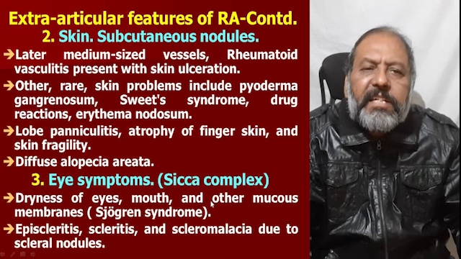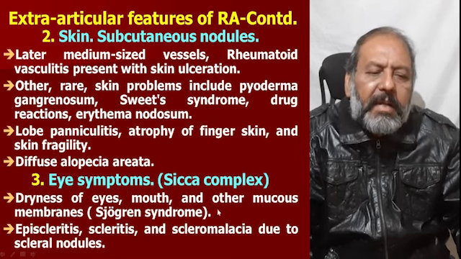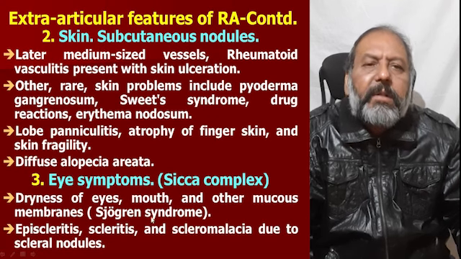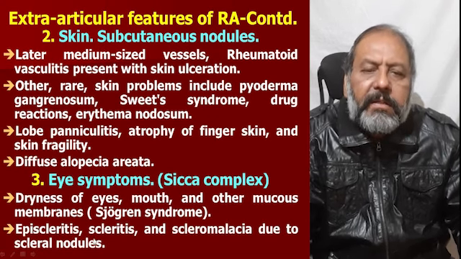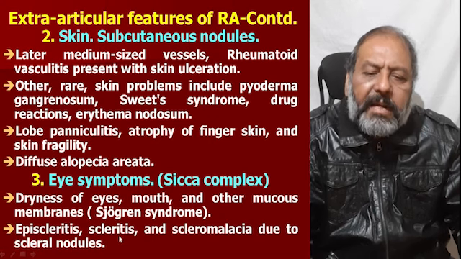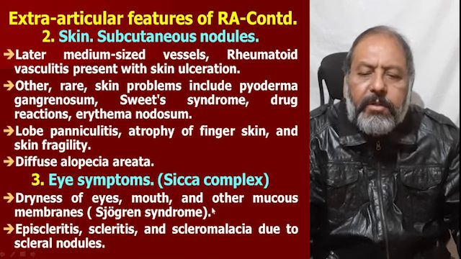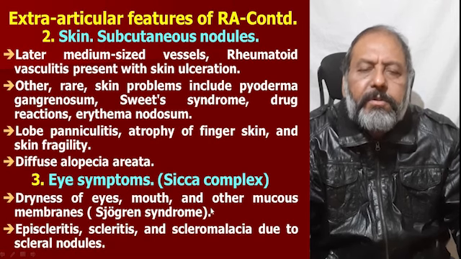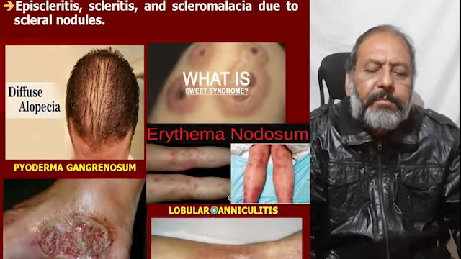These are sicca complex, dryness of the eyes, mouth, and the other mucous membranes, which is part of Sjogren syndrome. And in the eye, episcleritis, scleritis, and scleromalacia due to the scleral nodules are seen as eye symptoms.